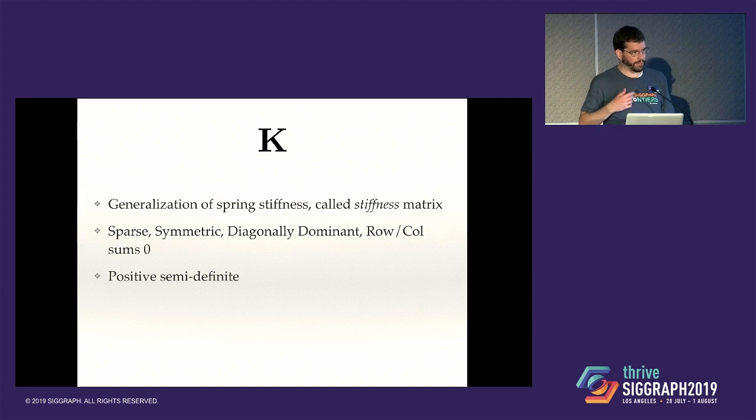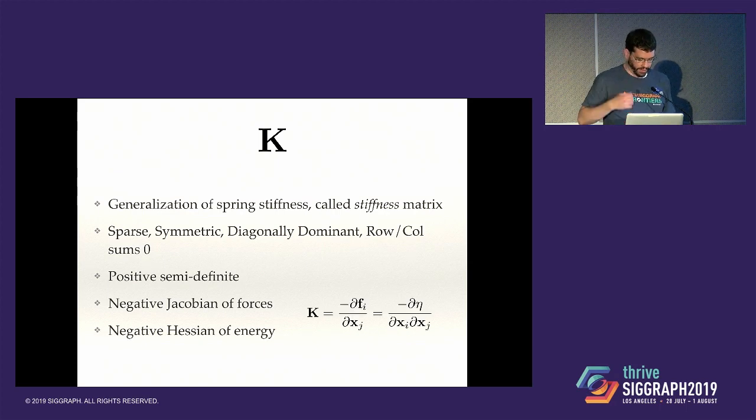It is positive semi-definite, so for any vector v, v transpose Kv will be 0 or some positive amount. It's the negative Jacobian of forces, which means that it's the negative partial derivative of f with respect to the degrees of freedom x, and it's also the negative Hessian of energy.